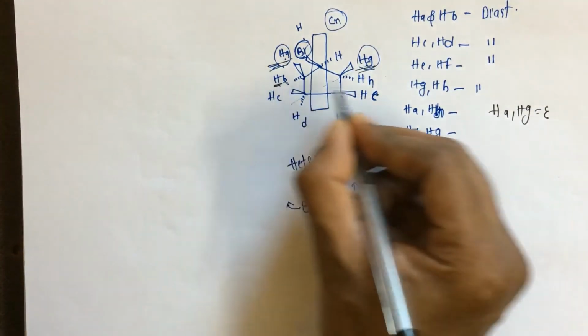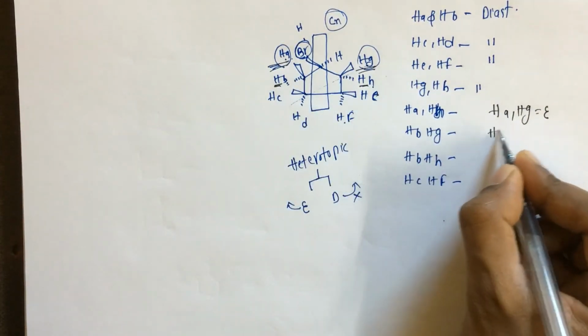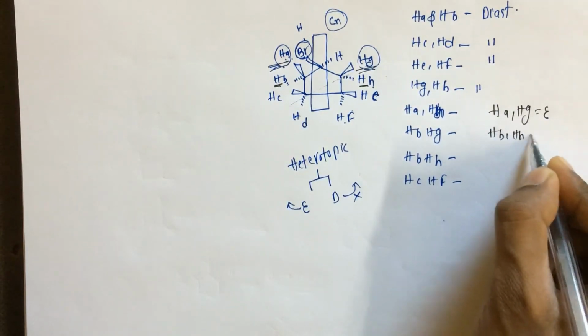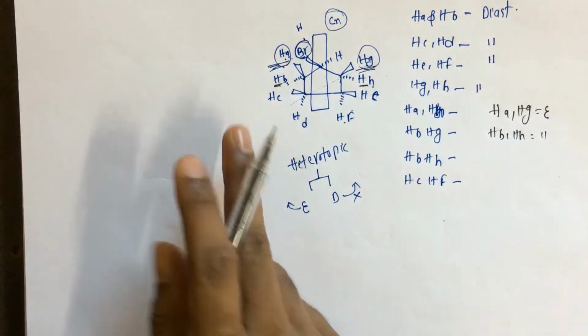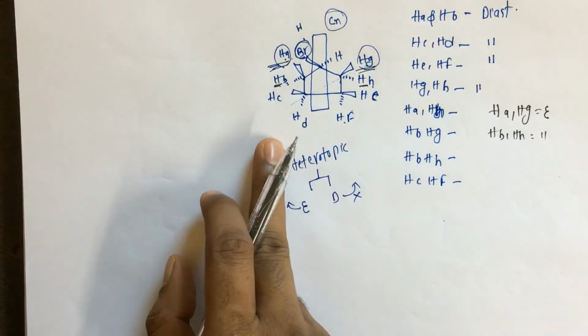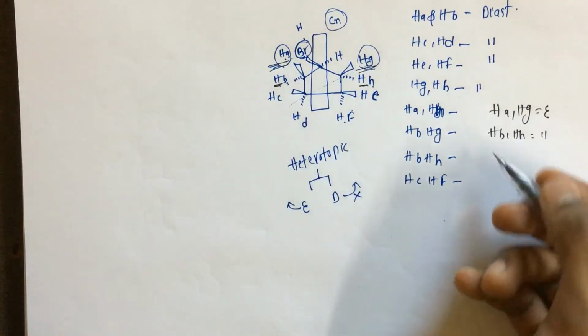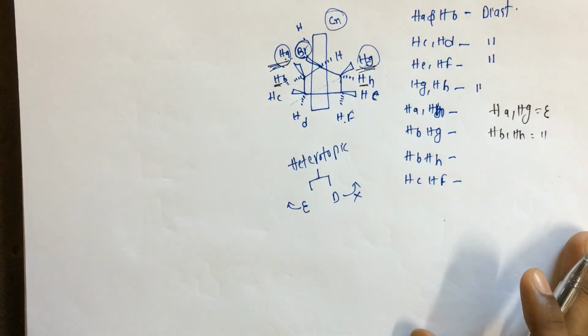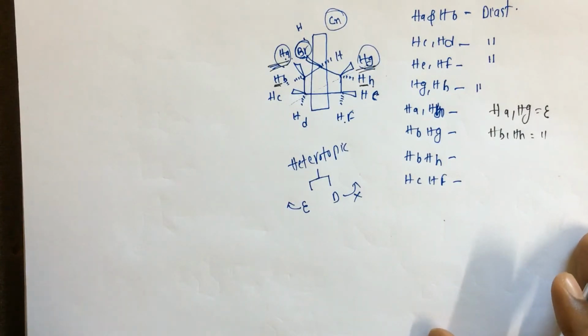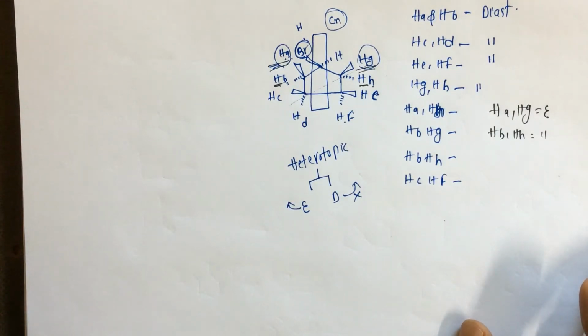Similarly, Hb and HH are enantiotopic. Similarly, Hc and He, and Hd and HF are enantiotopic. So this is the way to identify which is enantiotopic and which is diastereotopic in nature.